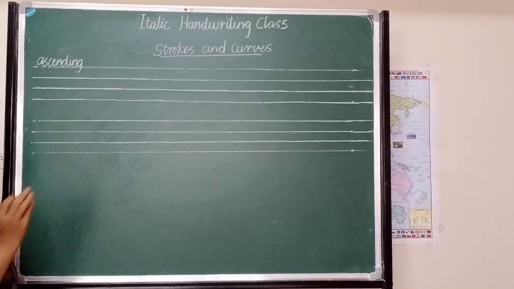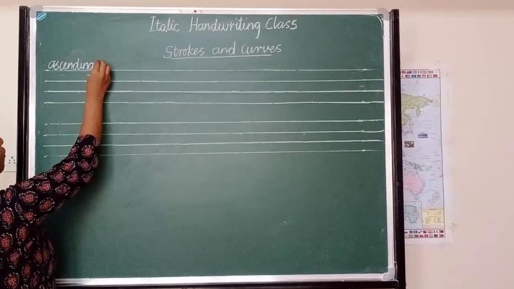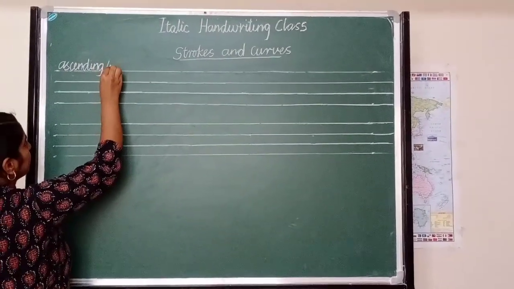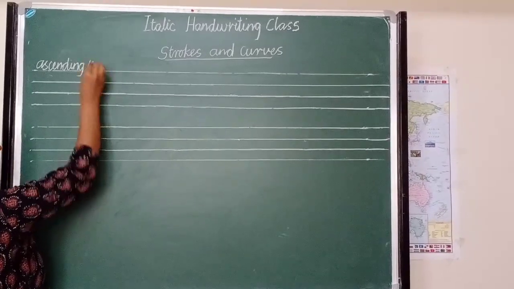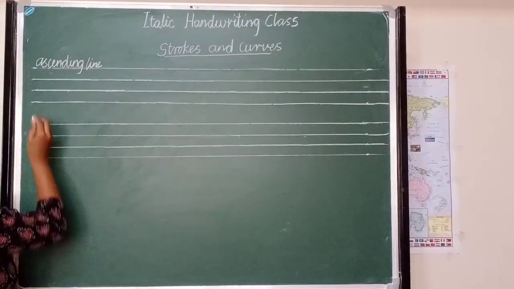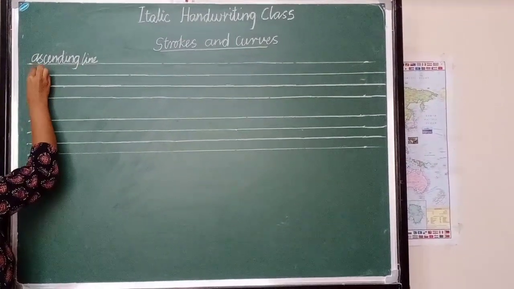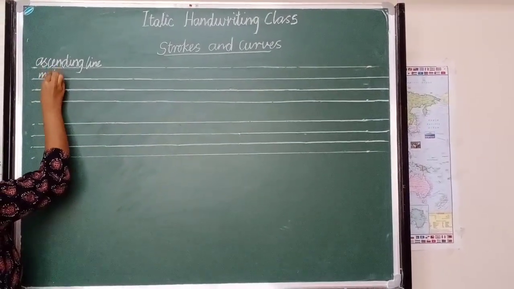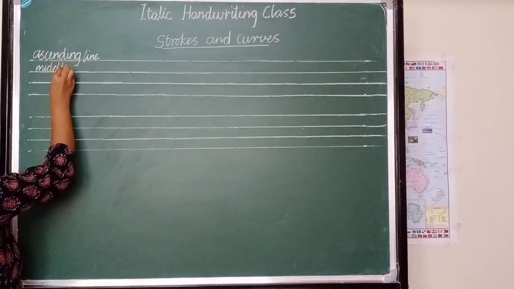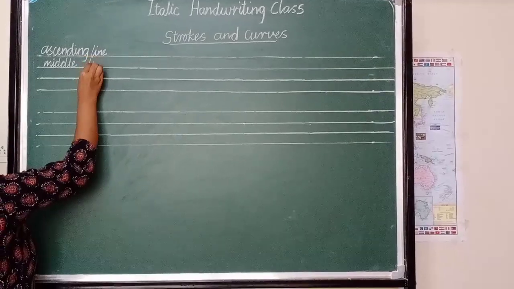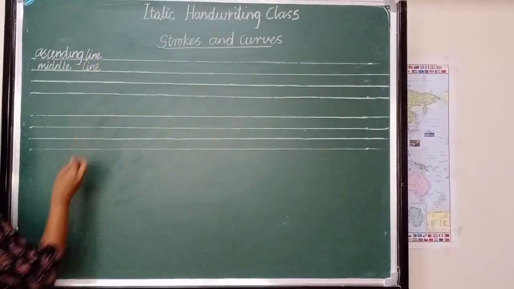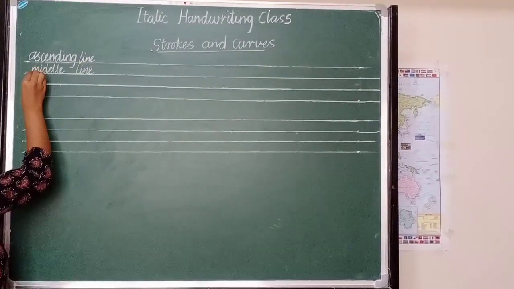First line, that is the red line. This line is called the ascending line. The second line is called the middle line. The third line is called the base line.